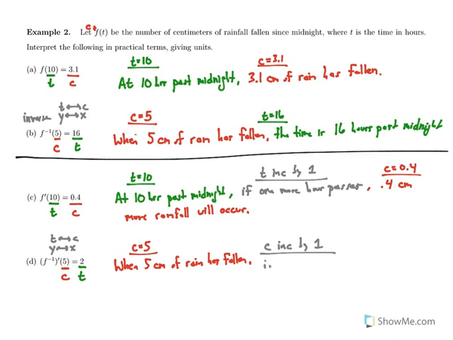So if 1 more centimeter of rain falls, the time has increased 2 hours.